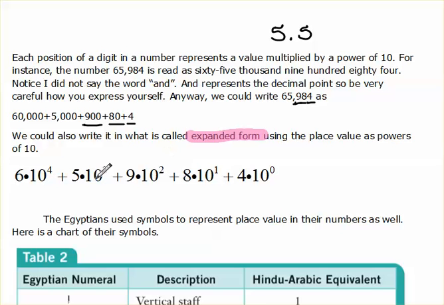The next would be 10 cubed, or 1,000, and so on. So really understanding, and not taking for granted what those numbers are, is really important when you're working with small children and helping them learn.